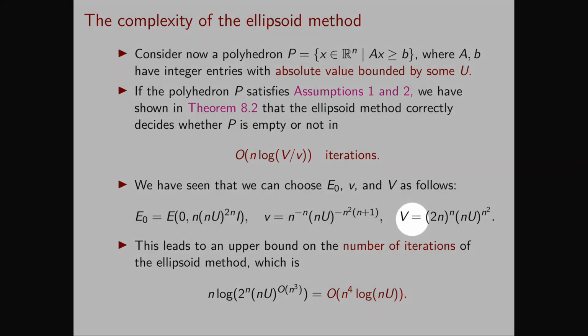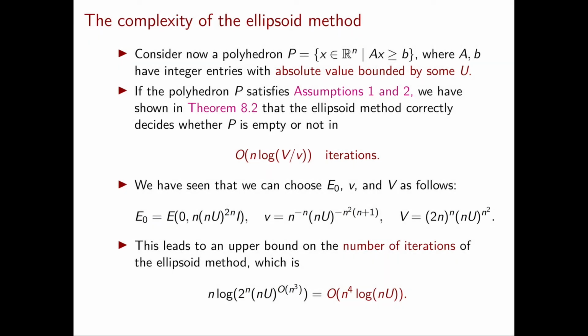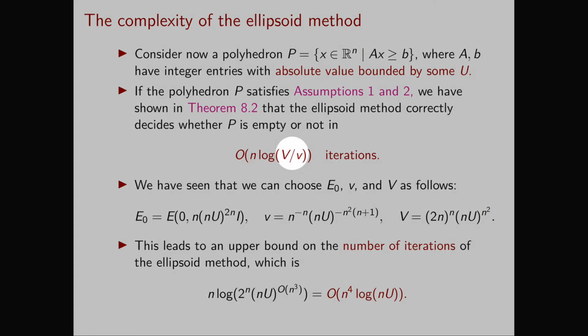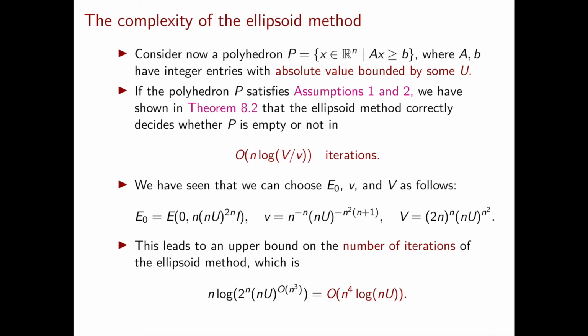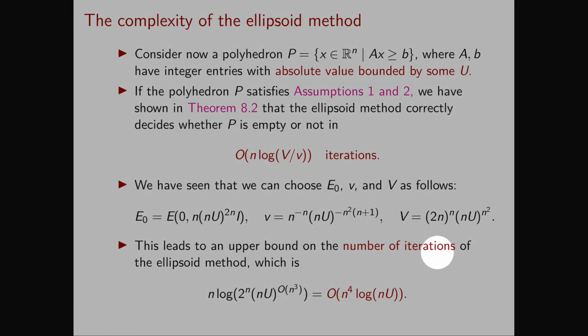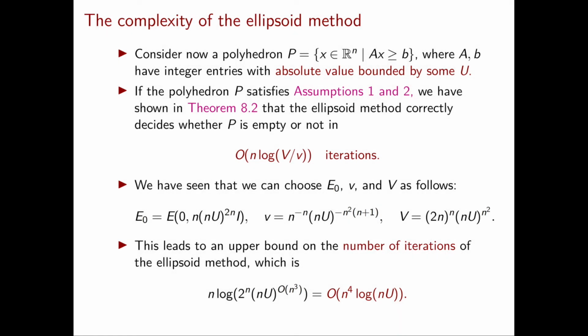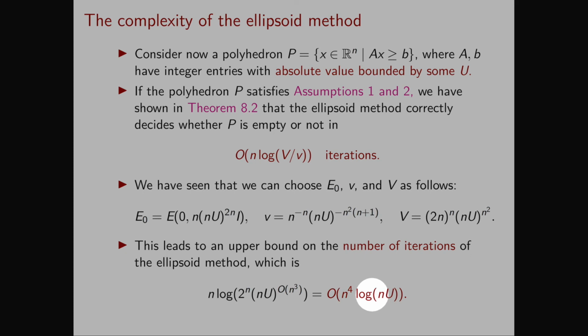And finally, capital V is equal to 2n to the n and u to the n square. If we now substitute capital V and V in our number of iterations, we obtain that if assumptions 1 and 2 are satisfied, then the number of iterations of the ellipsoid method is big O of n to the 4 log nu.